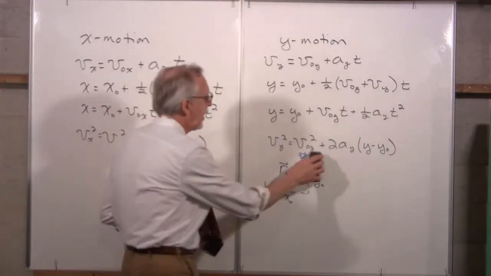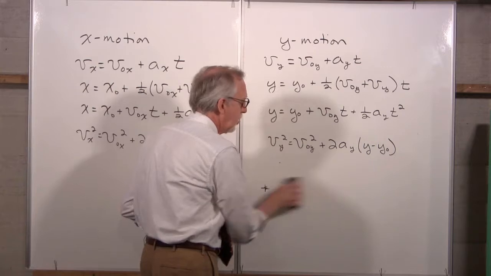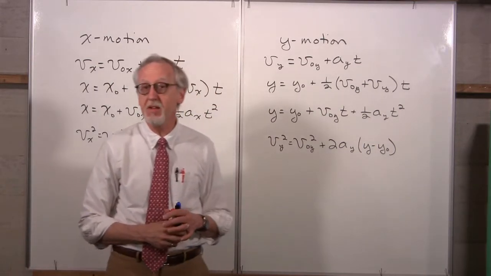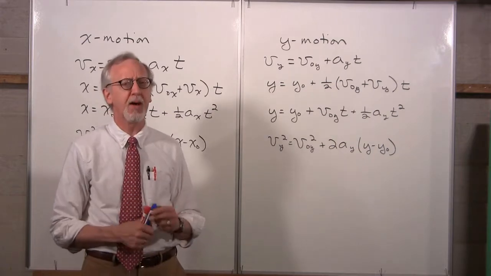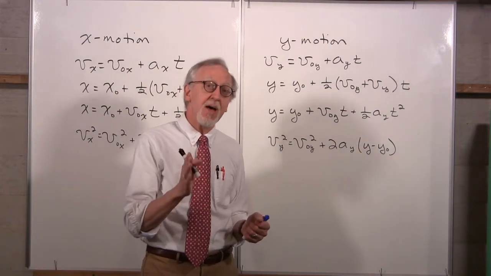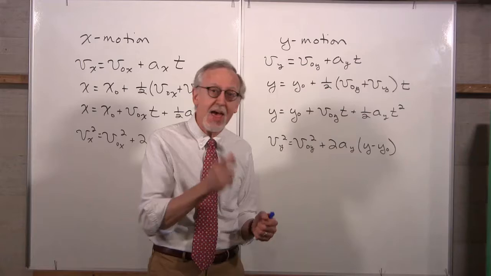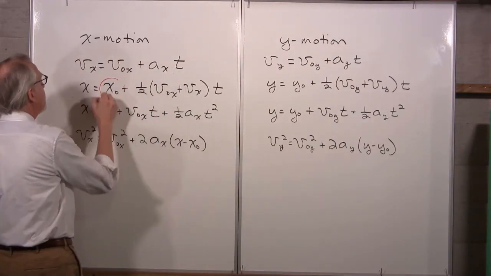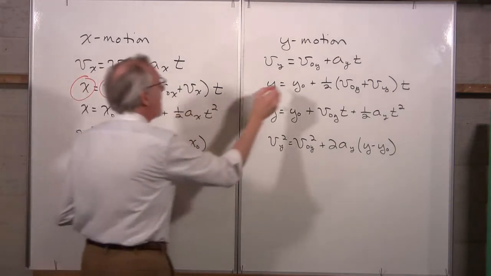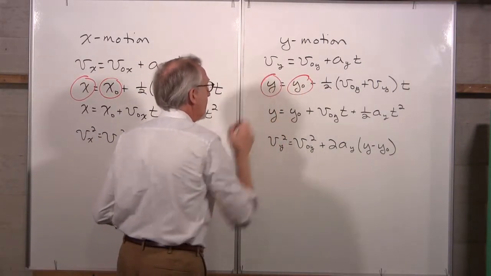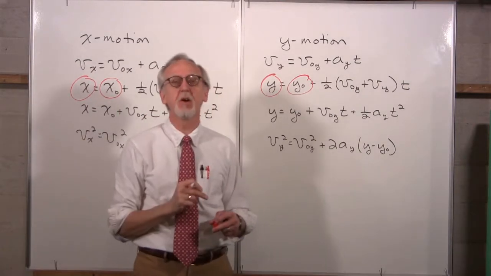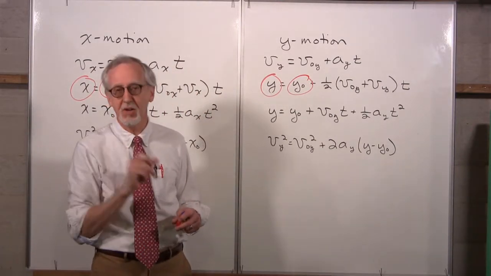Okay, great. Well, with now twice as many equations, we might think we have twice as many variables, and we almost have twice as many variables. Rather than now just x naught, we have x naught and y naught. So we have two initial position variables, two final position variables.